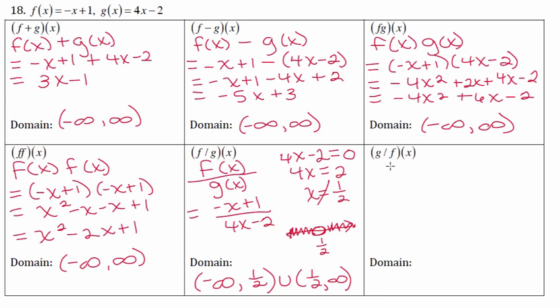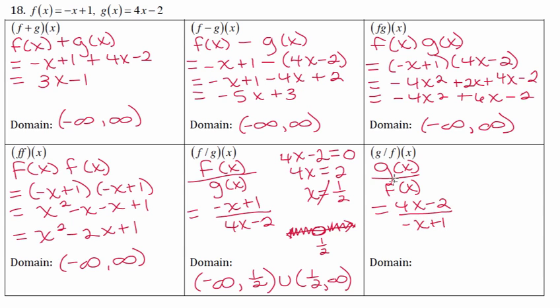All right, so now we have g divided by f of x, which is going to be g of x over f of x. And my g of x is 4x minus 2, and my f of x is negative x plus 1.